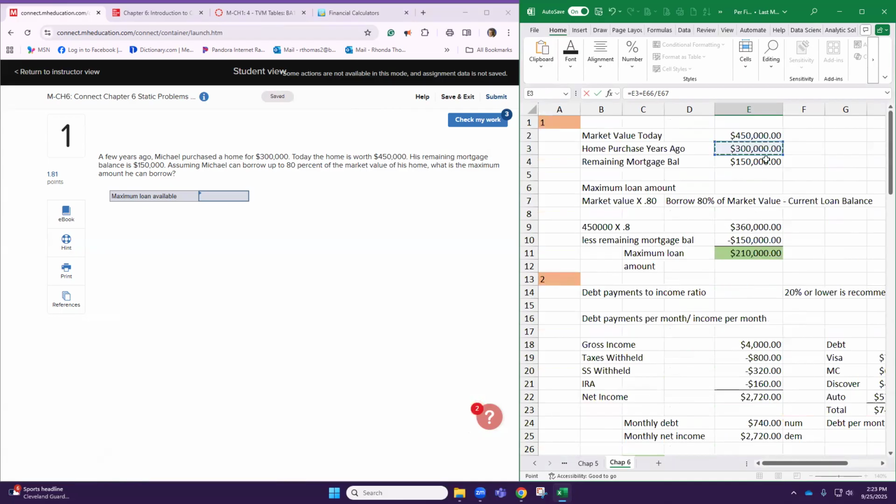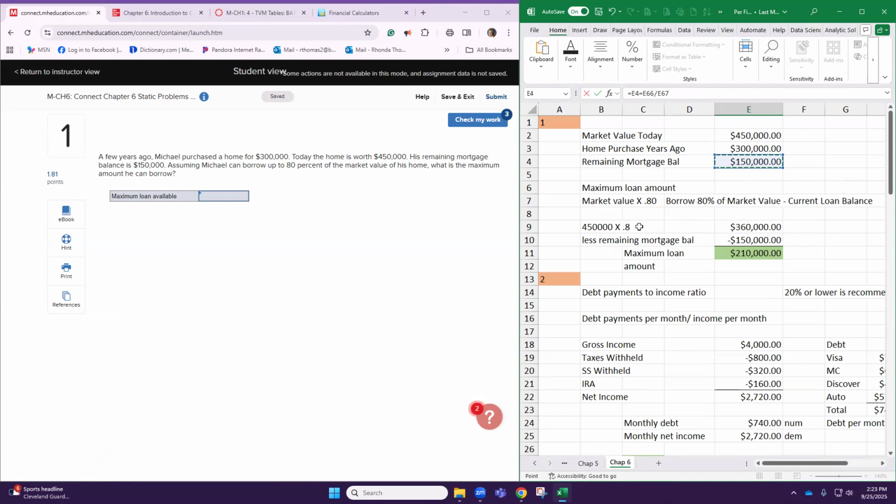He bought the home for $300,000, today's market value is $450,000, and he has a remaining mortgage of $150,000. The maximum loan amount is the market value times 80% minus the current loan balance.